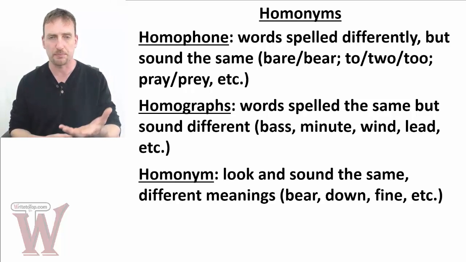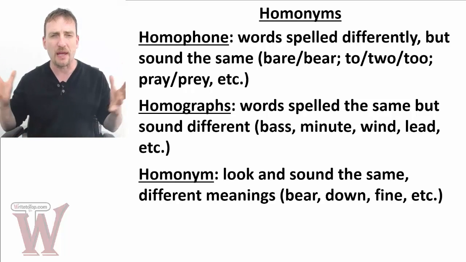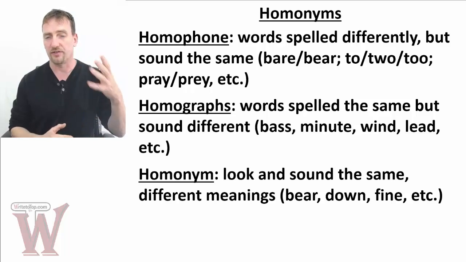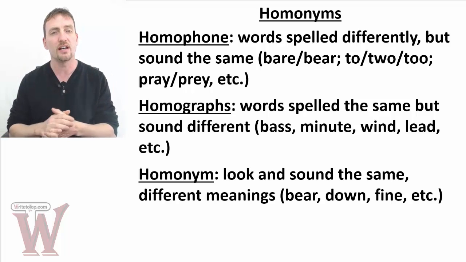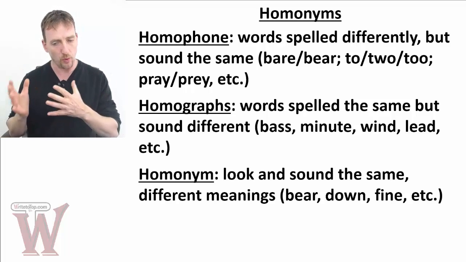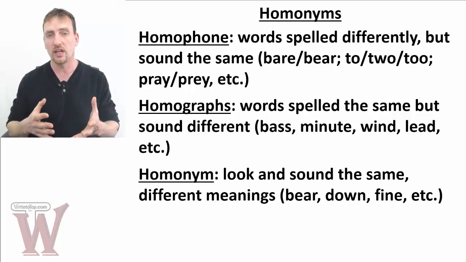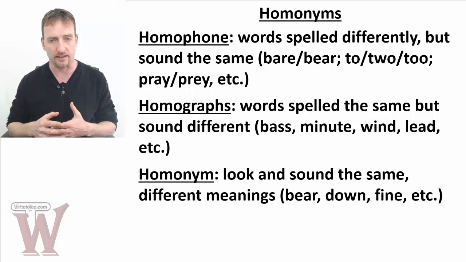Bear and bare, spelled differently, sound the same. Pray and prey. There are many of these words, okay? If you go to my website, I'm going to have a list of the different homonyms and homographs, etc. You should start studying them, know what they mean, how they're used, so you can understand them in context.